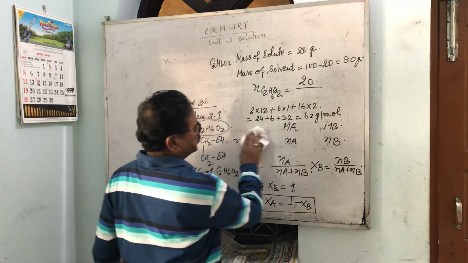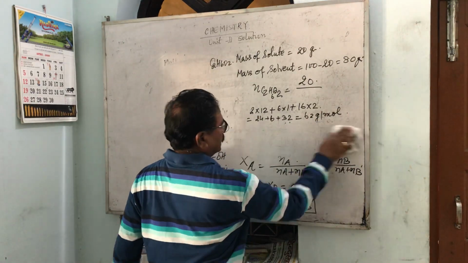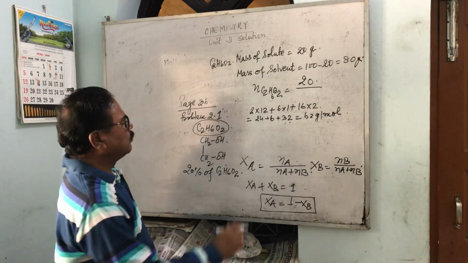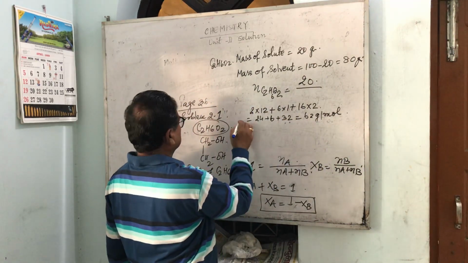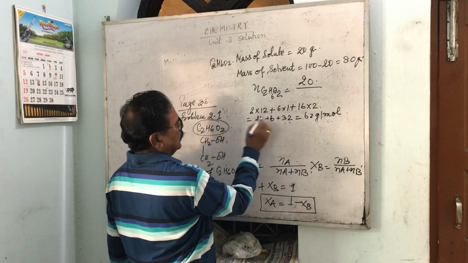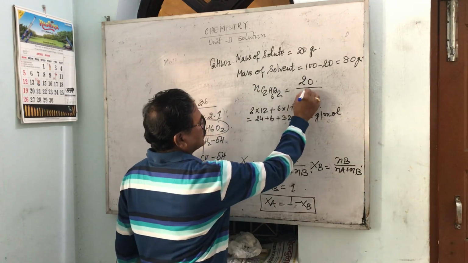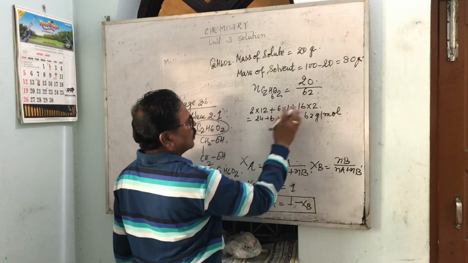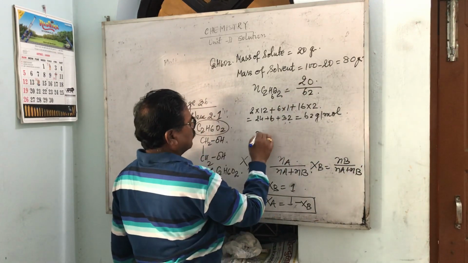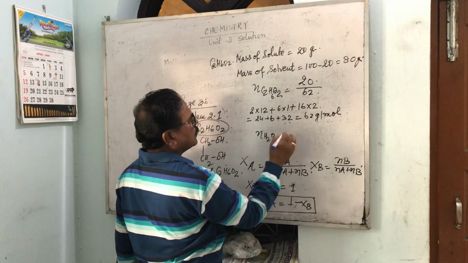So 62 gram per mole is the molecular mass of ethylene glycol. Now we divide it. Now water, the solvent, is 80 gram. So we take the number of moles of water here.